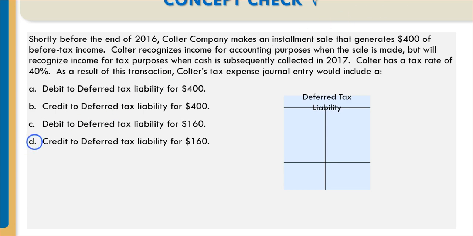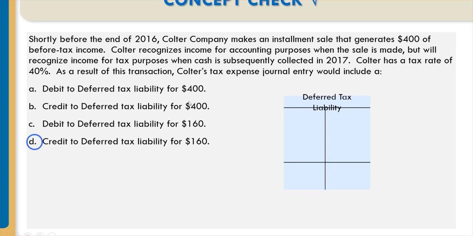So the amount of the reconciling item is going to be 400, and the liability, though, be careful, is not going to be 400. It's going to be based on the tax rate.